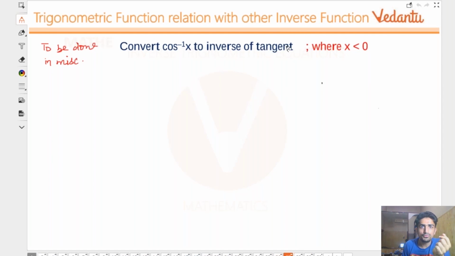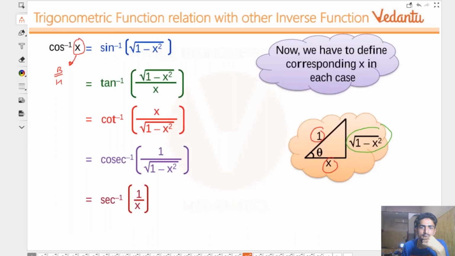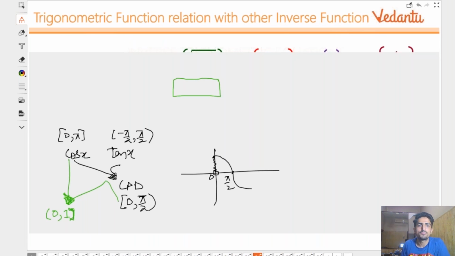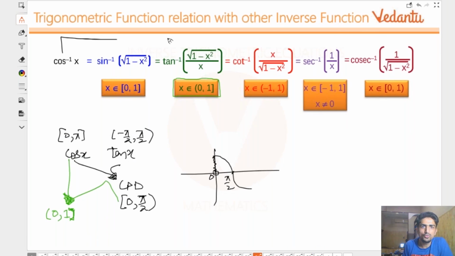These are few questions. ये क्या है? Primarily, question is, this is equal to this when x is 0 to 1. But what if x is not in 0 to 1? Then how will we convert?